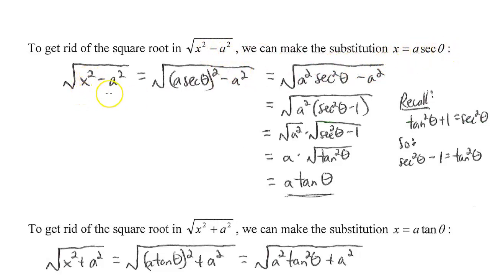Okay, so this square root of x squared minus a squared, we let the x be a secant theta, and we work things down like we did before. It turns out in this case we have to use the trig identity that secant squared minus 1 is tangent squared. Okay, but when we do this and we break it apart, we end up getting a tangent theta at the end. Okay, so we make this substitution x equals a secant theta into this, we get a tangent theta.